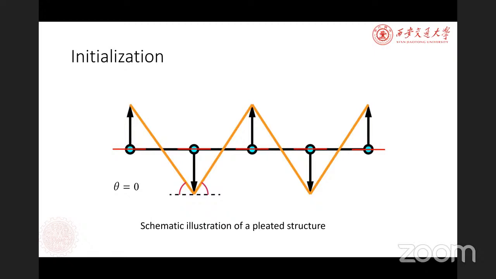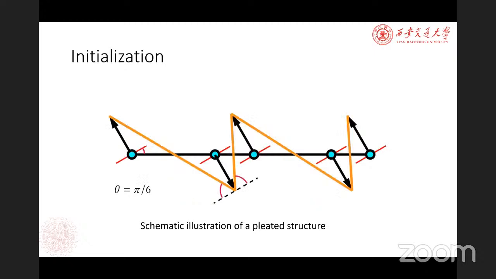Then we get a conclusion that this osculating plane bisects the two tangent planes in between. So this kind of initialization is good because it satisfies the geometric property of curve folds. So here is a case for theta equals pi/6.